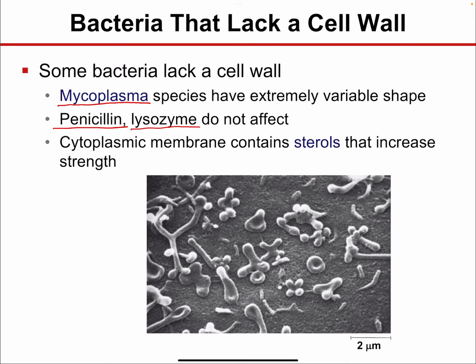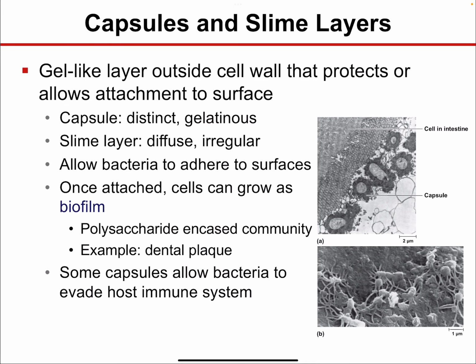And finally, you have that the membrane of the mycoplasma is made strong because of the presence of some sterols, right? Now, what else do we have sitting outside of the cell?